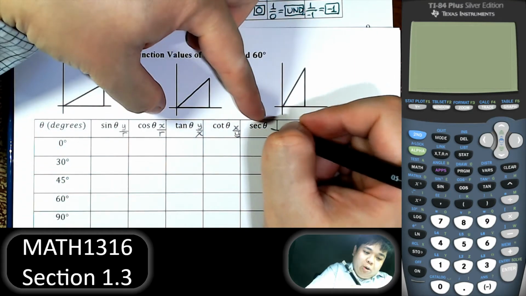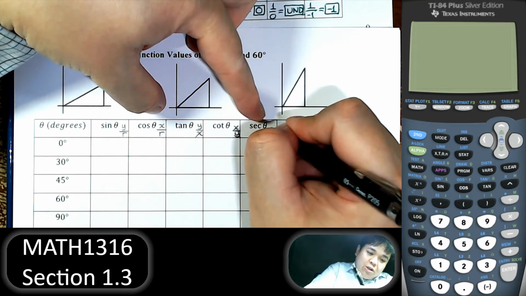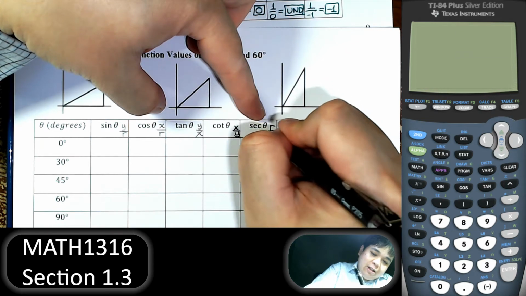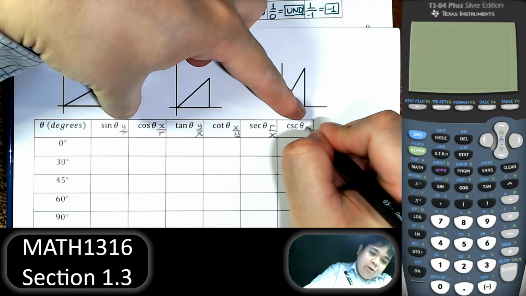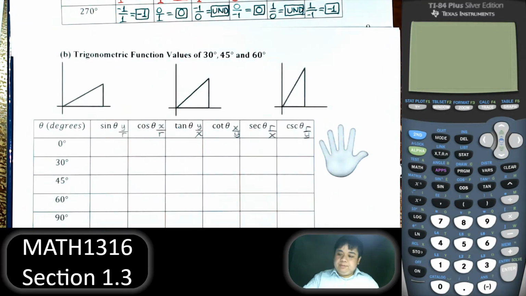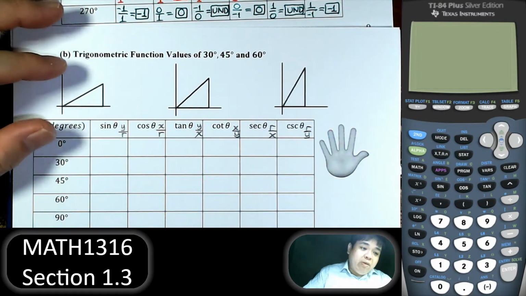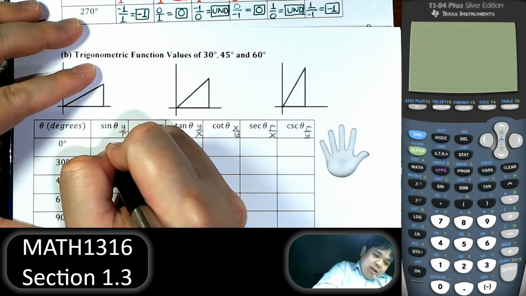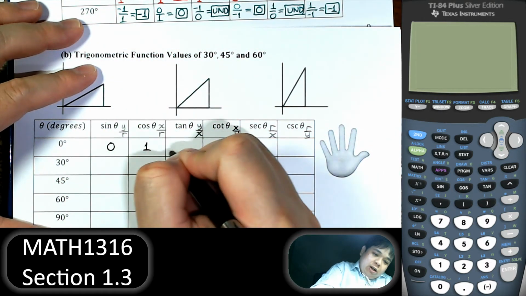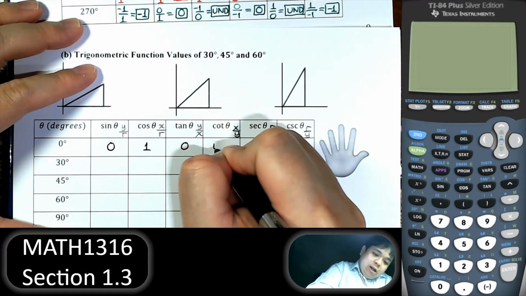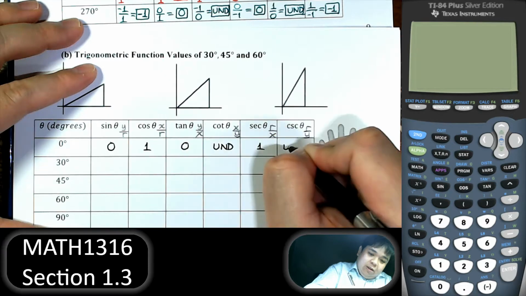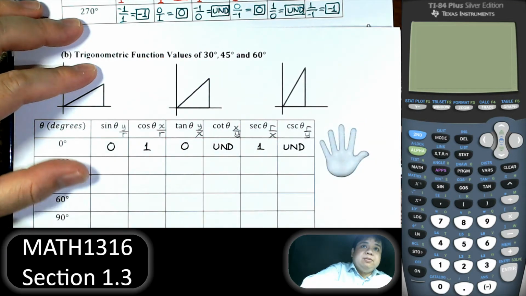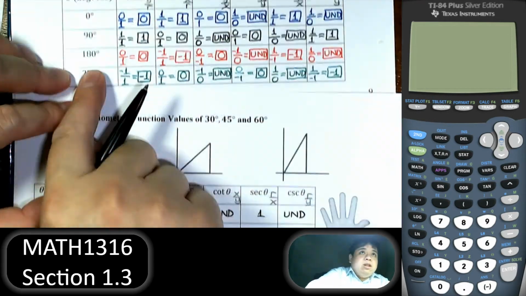Secant is the reciprocal of cosine. This is x over r, so this is r over x. Cosecant is the reciprocal of sine. This is y over r, so we have r over y. We just flip them. We already know the values for 0 degrees: 0, 1, 0, undefined. That's from the table we had earlier.